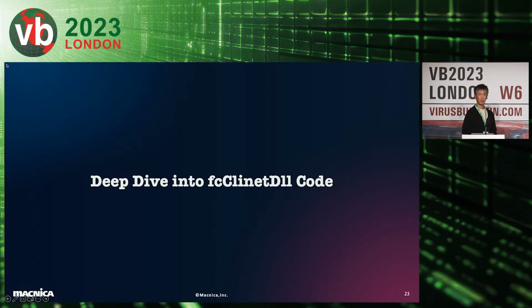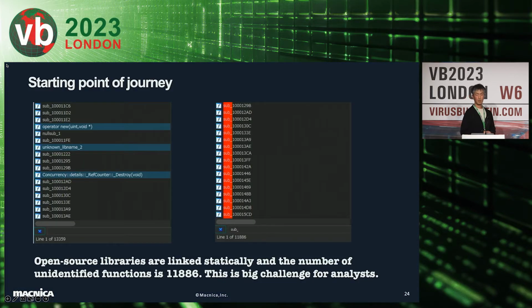And from here, I will do a deep dive into the FlCloud DLL code. So FlCloud DLL is statically linked with multiple open source libraries. And the number of functions is about 13,000. The IDA Pro reversing tool works well to identify the benign library functions.